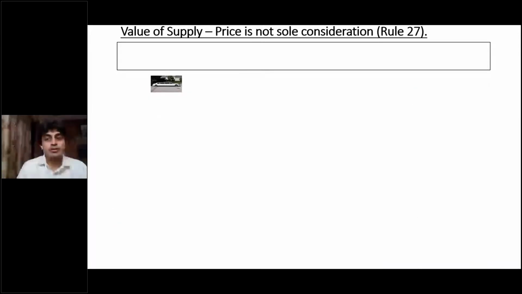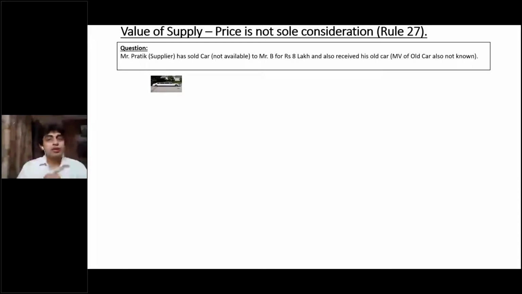Okay, the third question. Supplier has sold the car to Mr. B for 8 lakh.